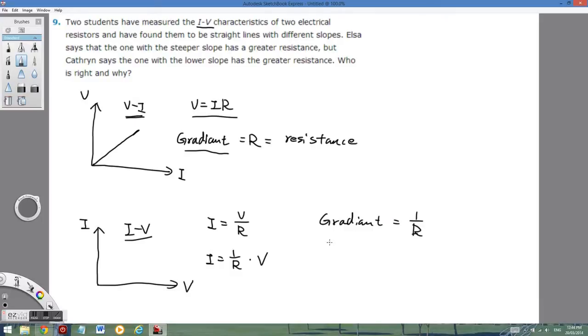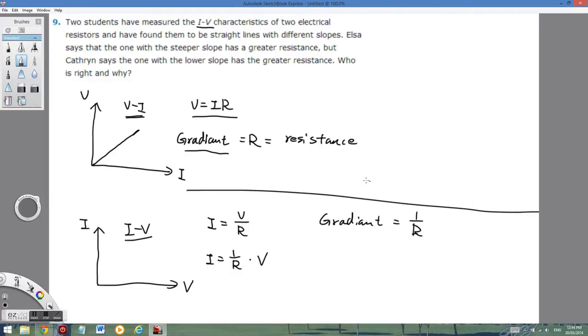So the idea is, now it's 1 on R, so it's inversely proportional. If the gradient is higher, it means the resistance is lower. It's completely reverse to the situation above.